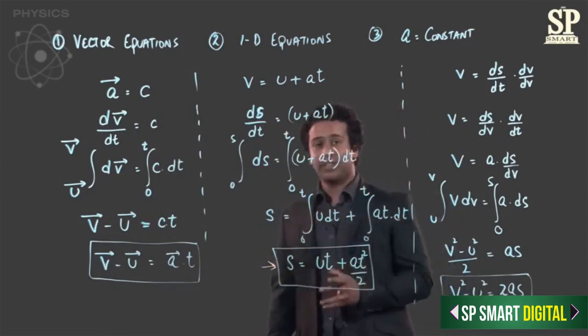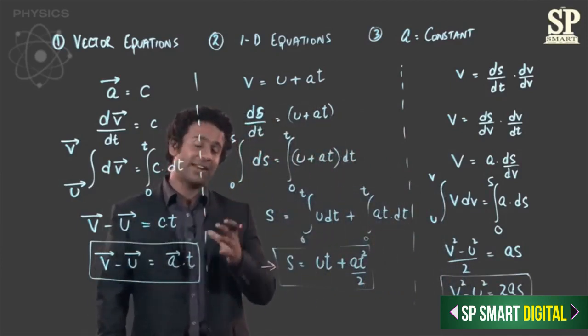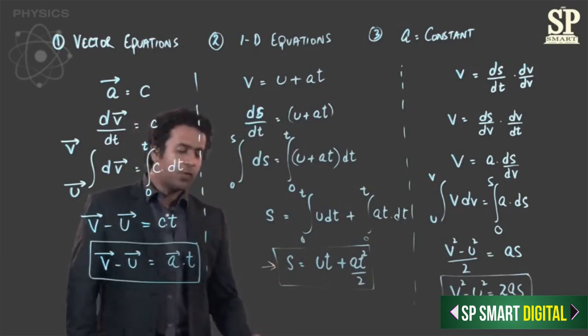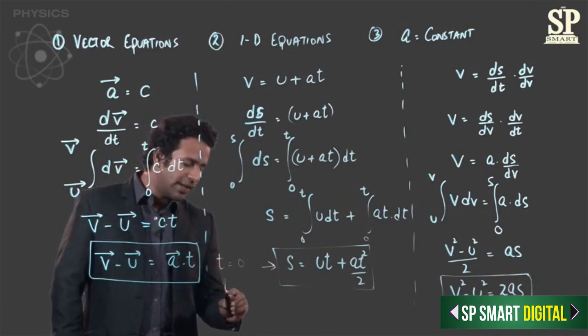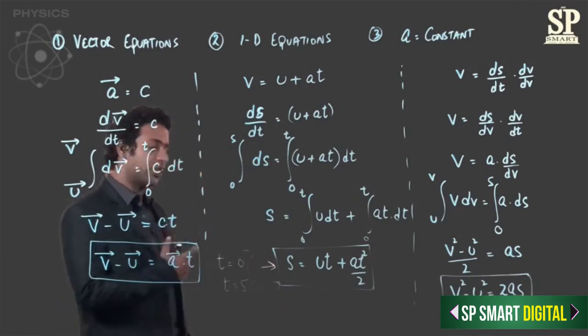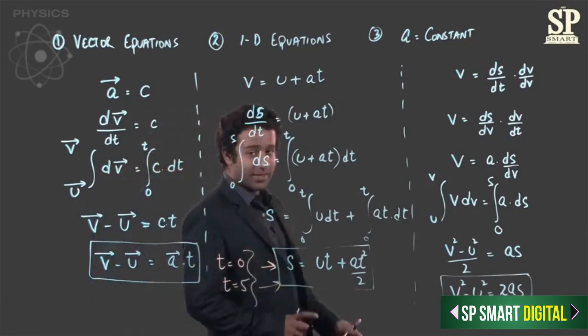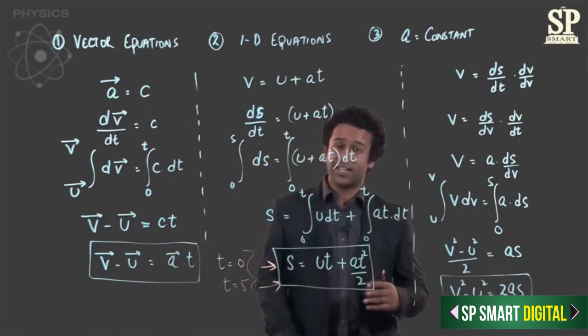But what if we want to find the distance covered in a specific second? For example, if you were to find the distance covered from t equal to 0 to t equal to 5, you could use this equation. You could substitute t as 5, and this equation would give you the displacement in the 5 seconds.